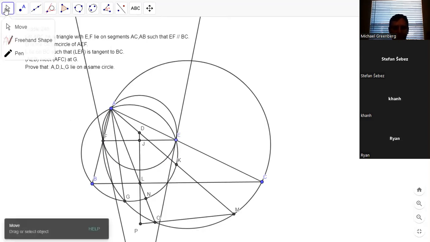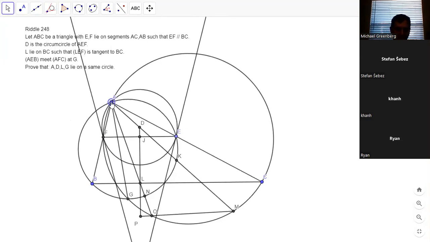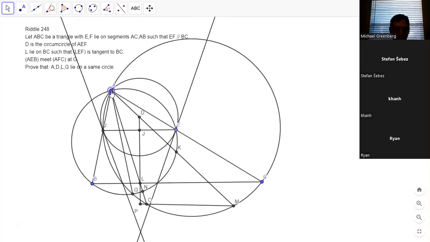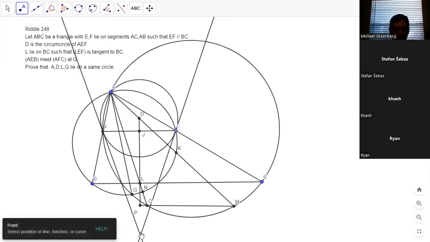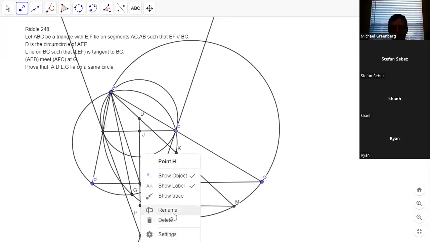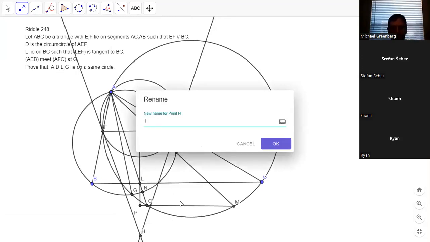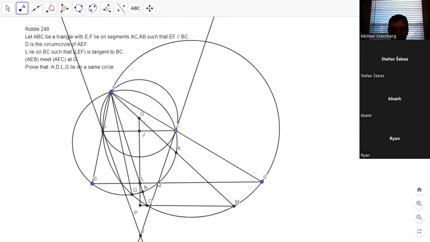So maybe, okay. So these intersect at a point T. I don't know if it's obvious that TE meets BC at N.